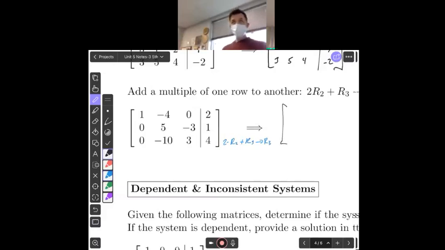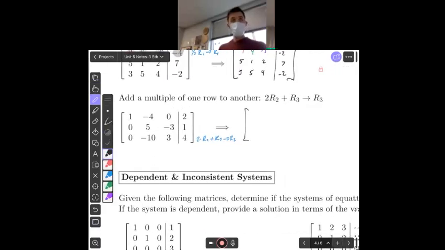But make sure you understand that we are only actually manipulating row 3. We're saying we're going to multiply row 2 by 2, but we're not actually changing row 2. We're just using those different numbers to manipulate row 3. So when I say always write the stuff that you're not messing with first, we're only actually messing with row 3.